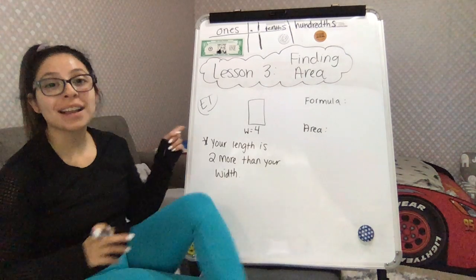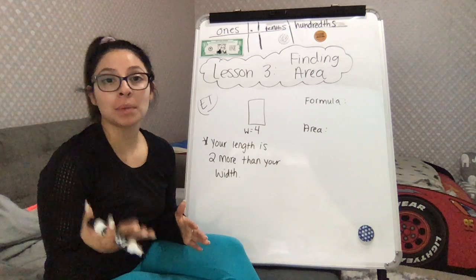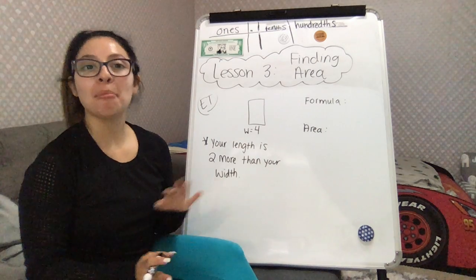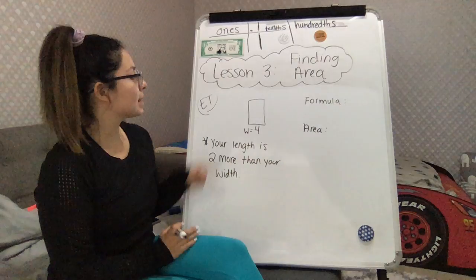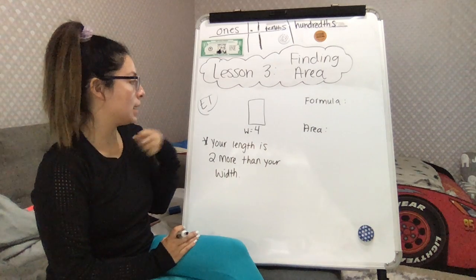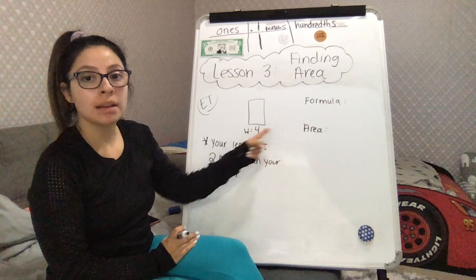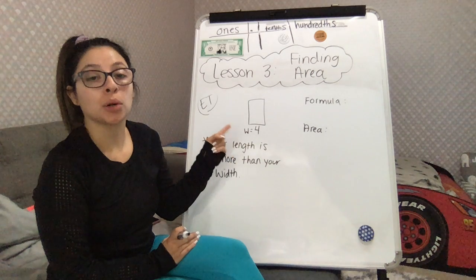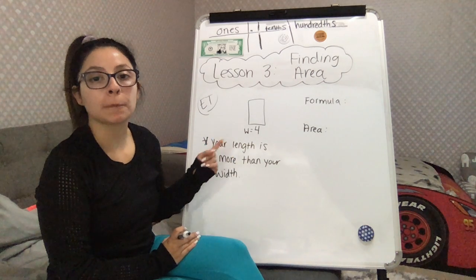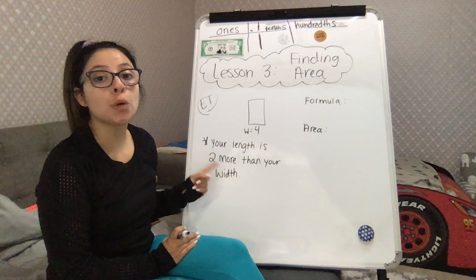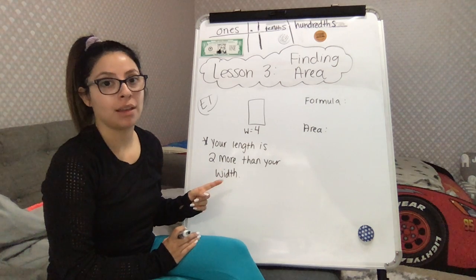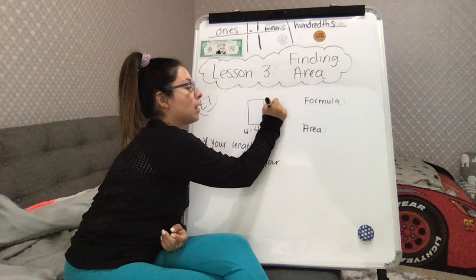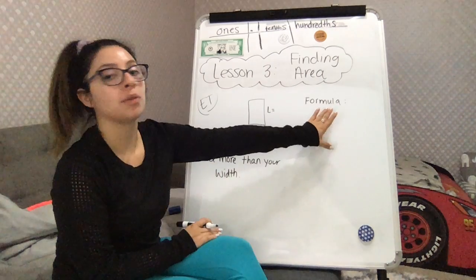All right, guys. So our exit ticket for today might look a little bit different than your original exit ticket, but here we go. Let's say I have another rectangle and it wants to know our formula and our area. It gives us our information that our width is 4. It says your length is 2 more than your width. So notice we don't have our length right now and we need it for our formula.